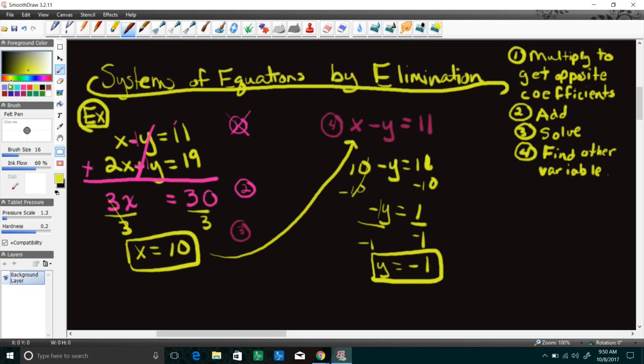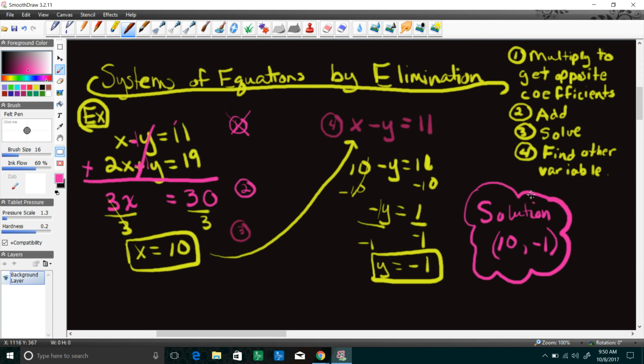So my solution for this one, okay, is going to be at x equals 10, so (10, negative 1), and y equals negative 1. And this again represents the point where these two lines intersect, so where they cross, okay?